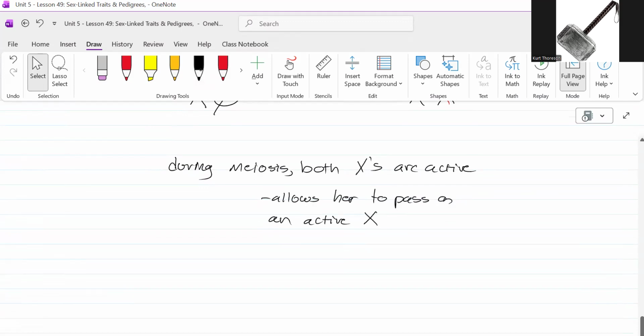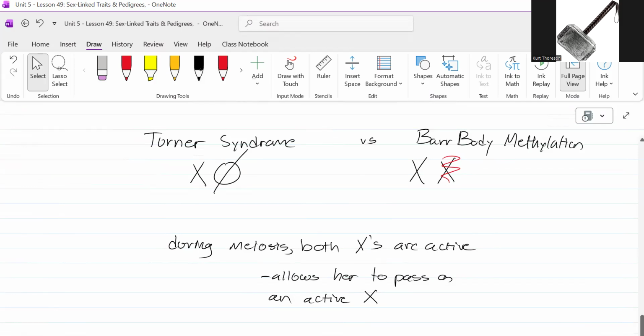Now, if you're a girl and you are developing inside of your mother, you have both X's turned on because you need all the data, all the information from those X chromosomes to make a fully developed female. The problem with my Aunt Diane with her Turner syndrome is that she had an underdeveloped uterus, underdeveloped ovaries, other underdeveloped female characteristics, and she had 45 chromosomes.